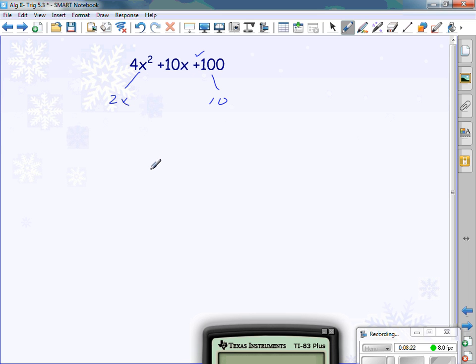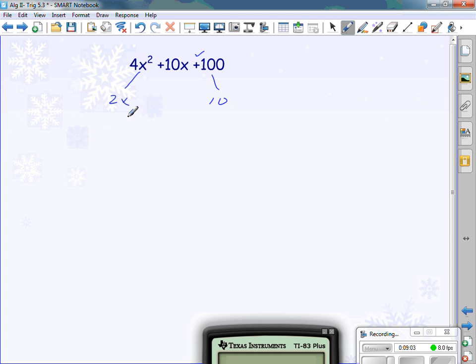What's 2 times 2x times 10? 2 times 4x times 10, what is it? 80x. 2 times 2x times 10? 40x. Do I have 40x in the middle? So is it special? No.